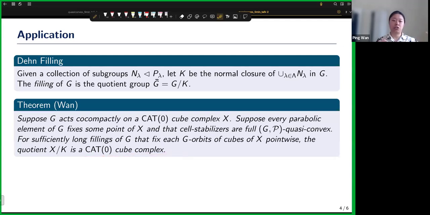So we start with G acting on a CAT(0) cube complex. After quotienting by a nice filling with some nice properties, I again get G bar acting on X bar, and this X bar is a CAT(0) cube complex. So you can see that's the flavor of a strong flavor of Dehn filling.